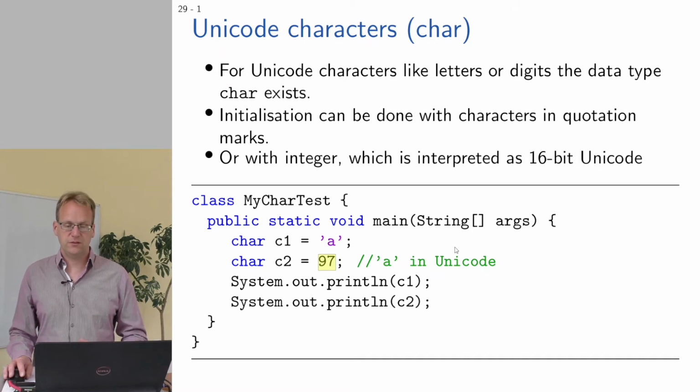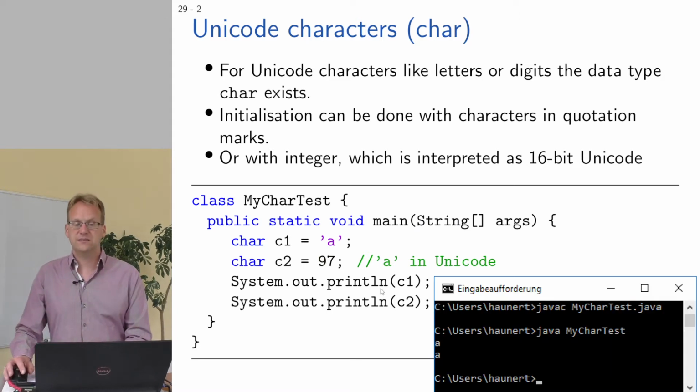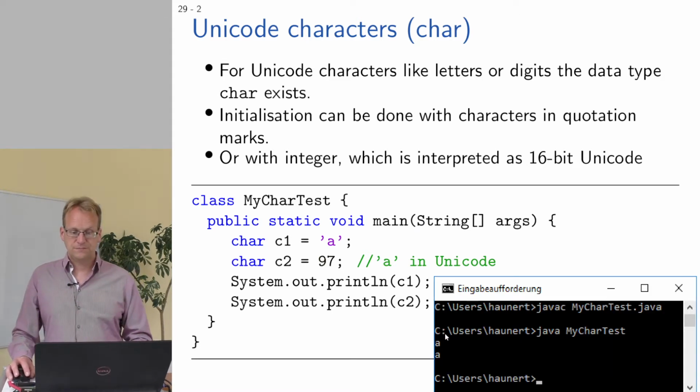So in the Unicode alphabet, all these characters have also numbers associated with them, and 97 is just representing the A. So basically, if we now call System.out.println for C1 and for C2, we will get twice the same output, namely like this, A, and in the second line A as well.